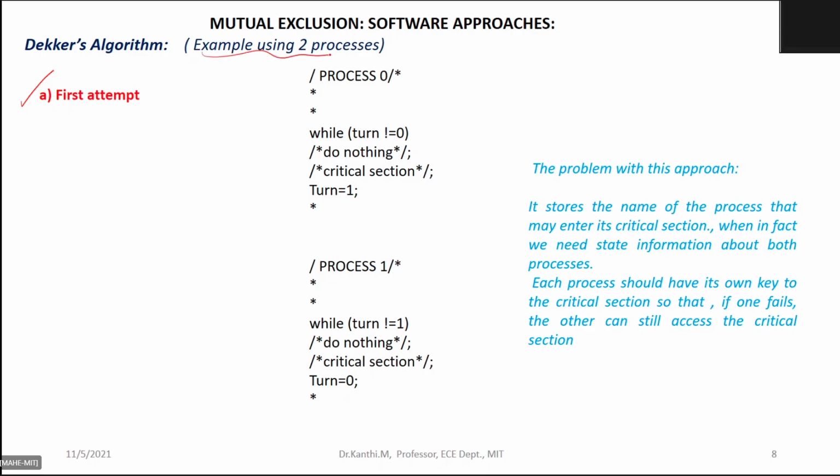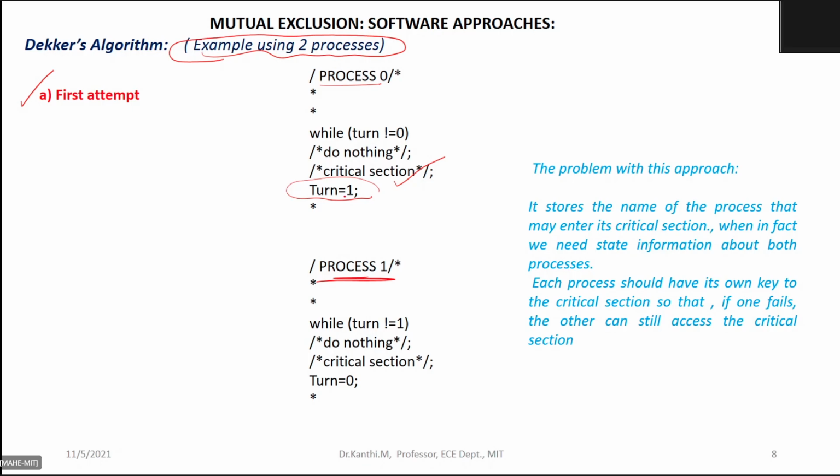Say you have an example having two processes, process 0 and process 1. In the first attempt, you just check whether the turn is equal to your number. If it is true, then you can enter into the critical section, and once you are done, set it to 1.